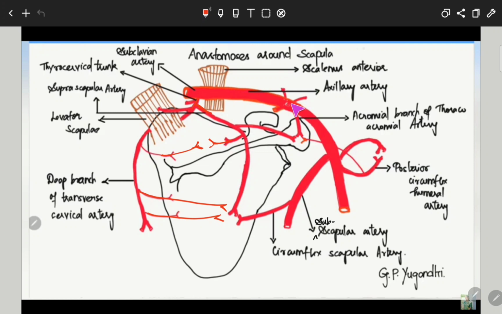Here you could see the thoracoacromial artery arising from the second part of the axillary artery. The suprascapular artery arises from the thyrocervical trunk, which is a branch of the first part of the subclavian artery. These three arteries take part in anastomosis over the acromion process.